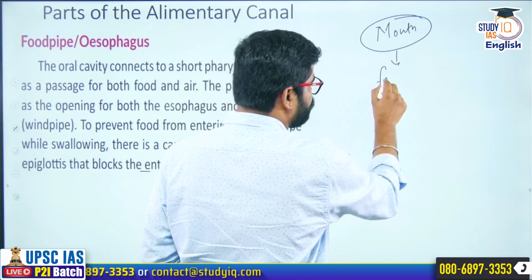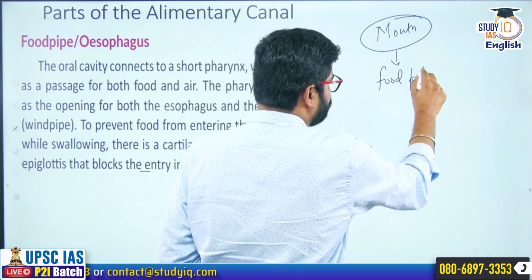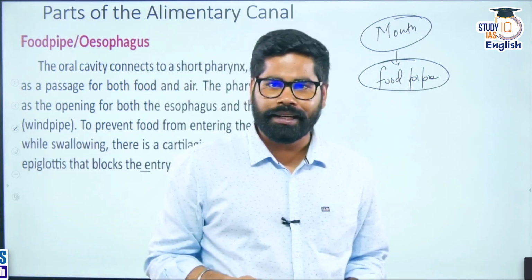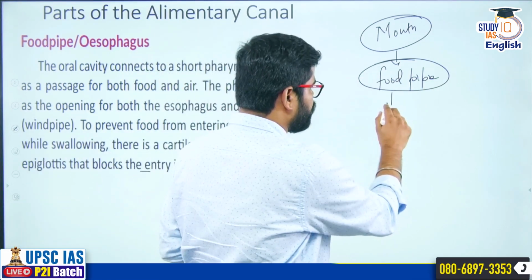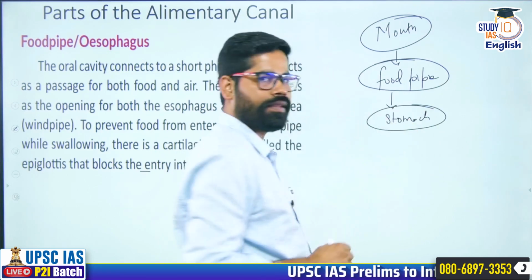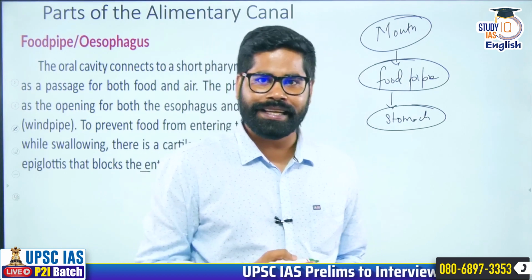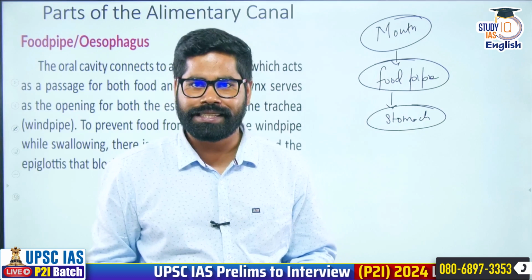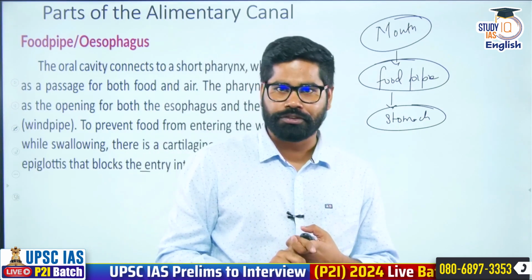Then it goes to the food pipe, or the esophagus. From this part, the food is passed into the stomach. In the stomach, there is again the release of hydrochloric acid. Hydrochloric acid performs three functions.